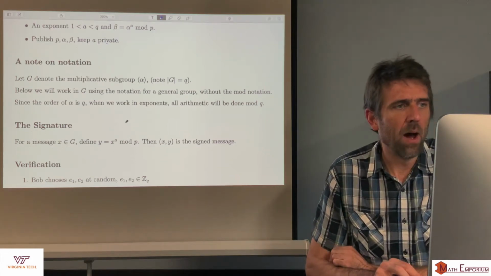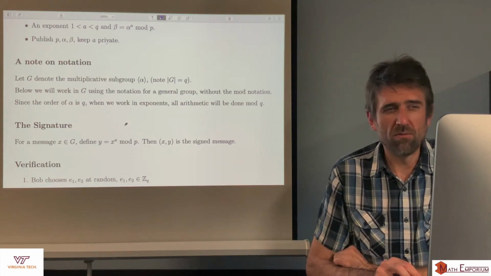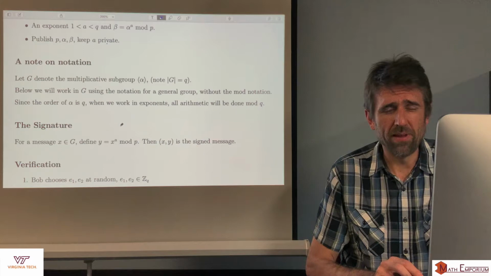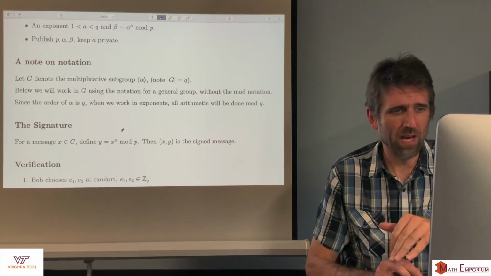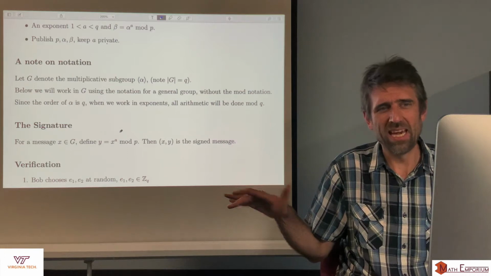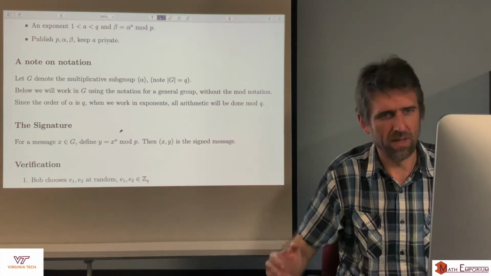Since G is generated by alpha and alpha is of order Q, when we work in exponents, all of the arithmetic will be done mod Q. So at the base level, arithmetic is done mod P, but at the exponent level, arithmetic is done mod Q.